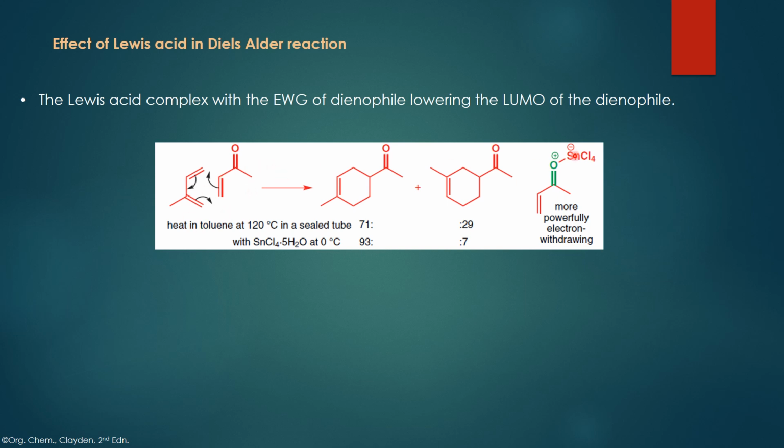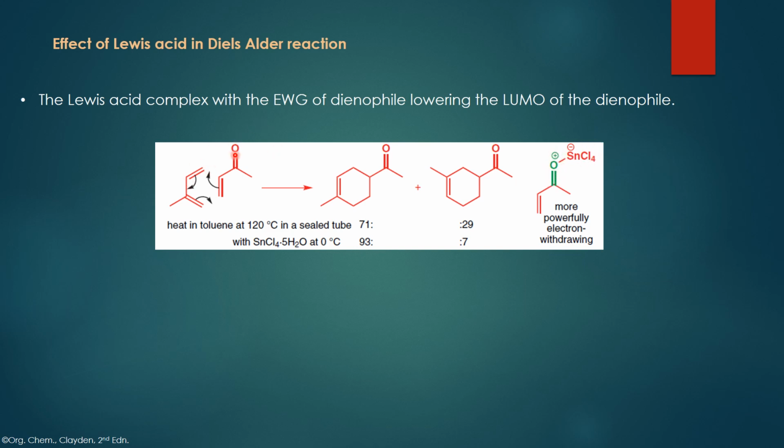When a Lewis acid like SnCl4 is used, it interacts with the carbonyl group of this dienophile. Since this is a Lewis acid, the oxygen donates its electron to the SnCl4, and thus this carbonyl group becomes a more powerful electron withdrawing group.